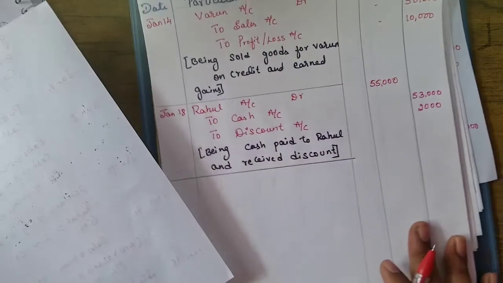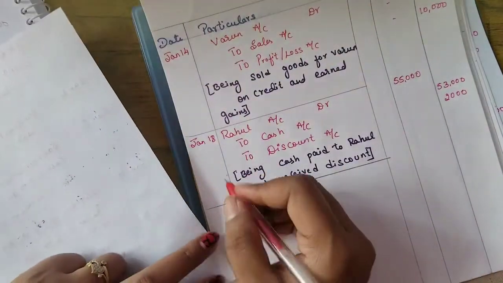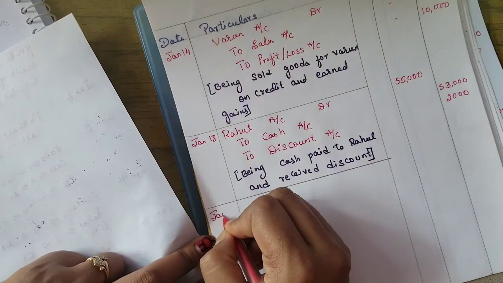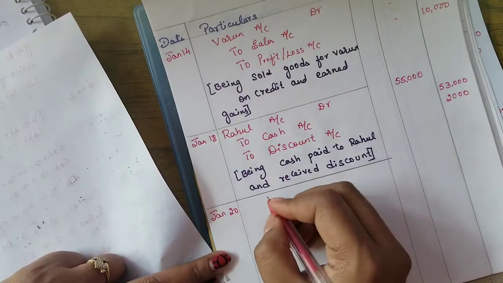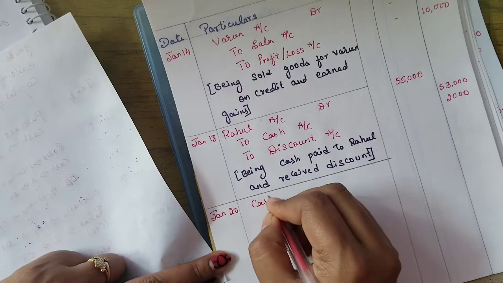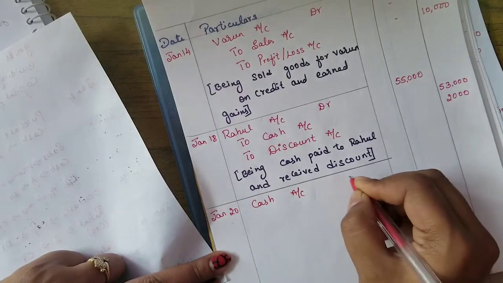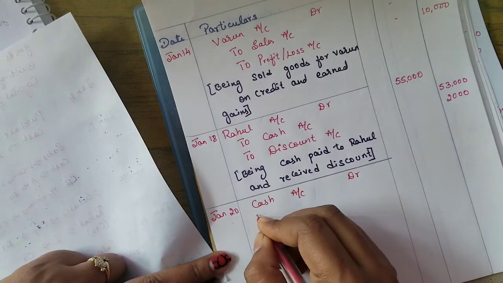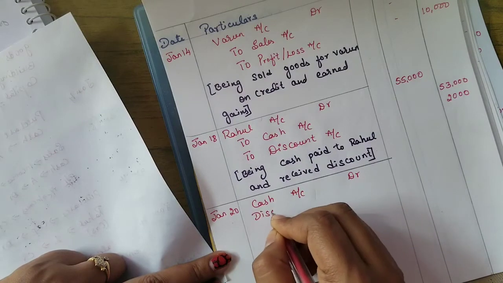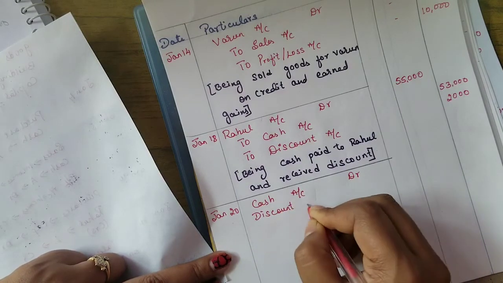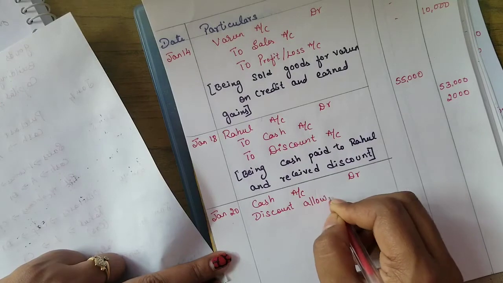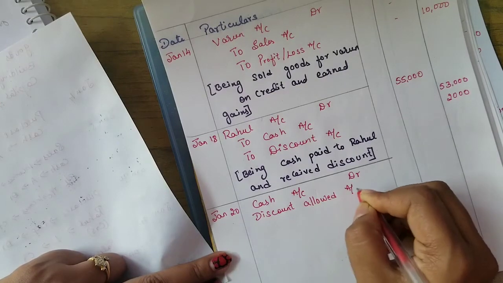Now let's pass the entry on Jan 20th. Cash account debtor, discount allowed. I am writing here discount allowed so that it will be clearly understood.